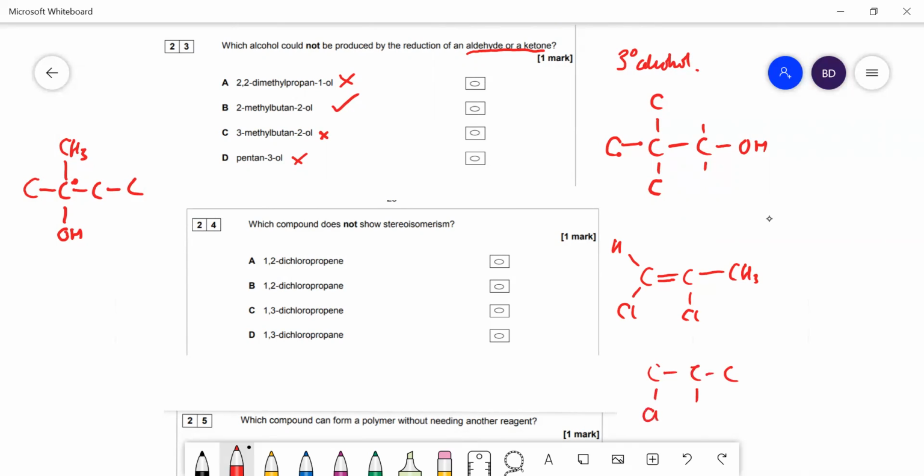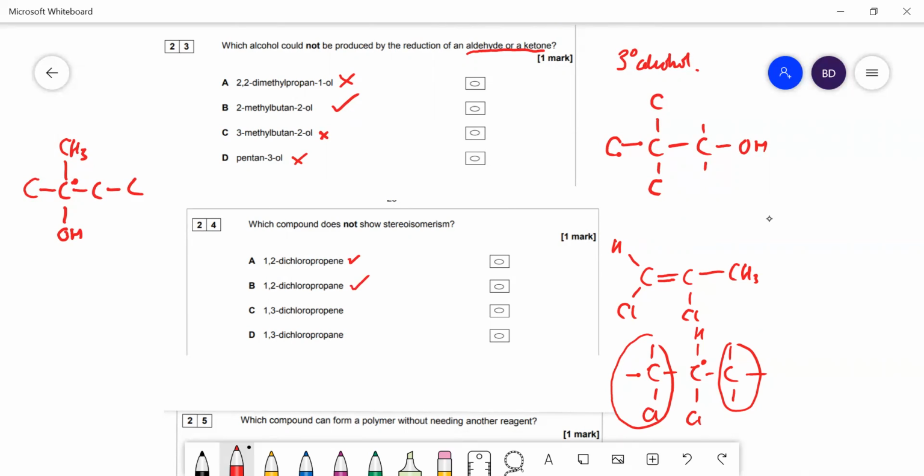Right, that's a bit sneaky. That can show optical isomerism because this carbon here has got 4 different groups. It's got H, Cl, a methyl, and then it's got this CH2Cl group. So that one can.